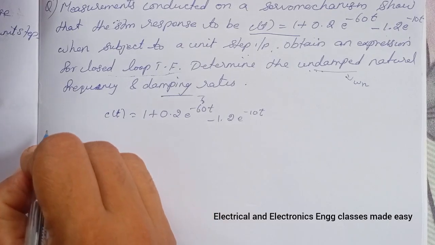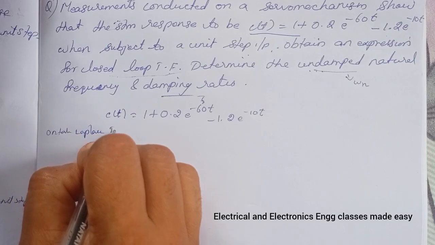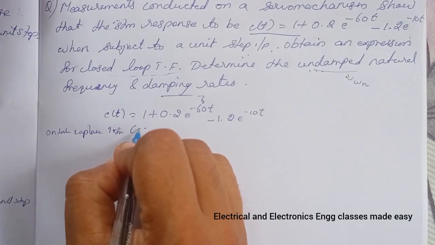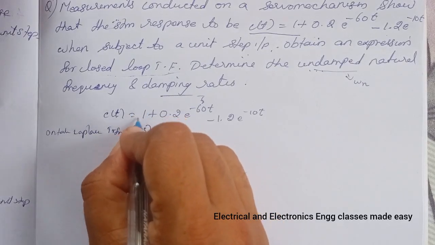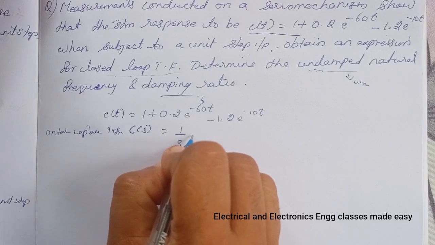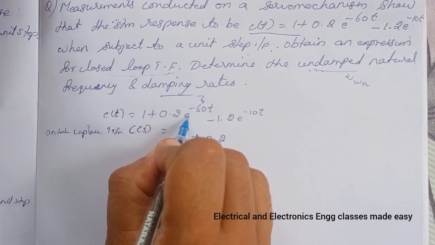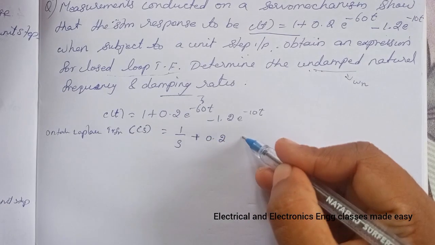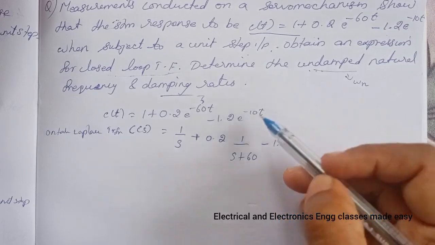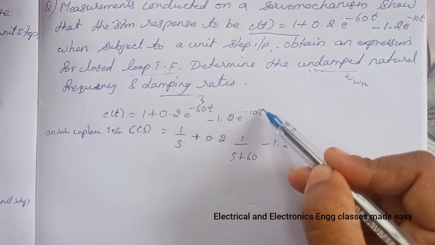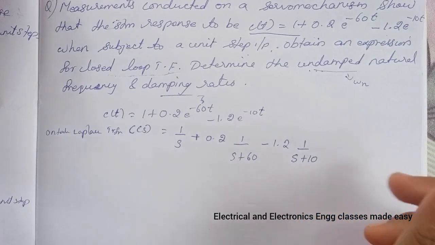On taking Laplace transform, we get C of S is equal to the Laplace transform of 1, which is 1 divided by S, plus 0.2 into the Laplace transform of e raised to minus 60t, which is 1 divided by S plus 60, minus 1.2 into the Laplace transform of e raised to minus 10t, which is 1 divided by S plus 10.